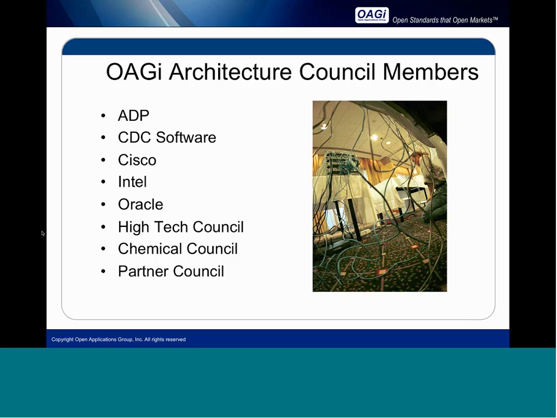And the big project there is the OAGIS 10 project. Its members include ADP, CDC, Cisco, Intel, Oracle, and then each the high-tech, chemical, and partner councils are also members of the Architecture Council.